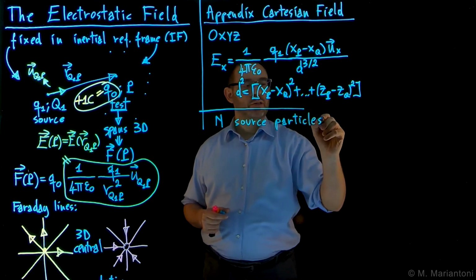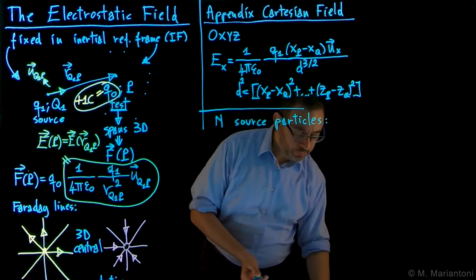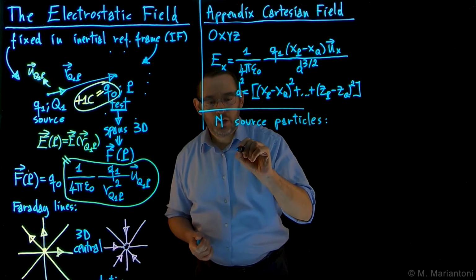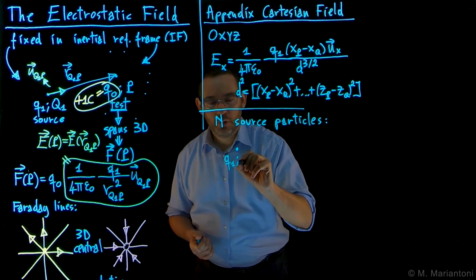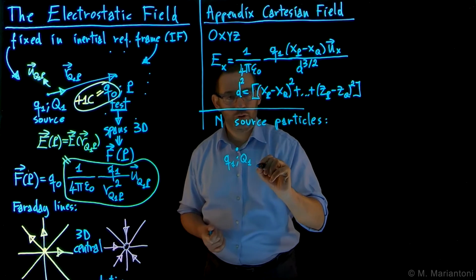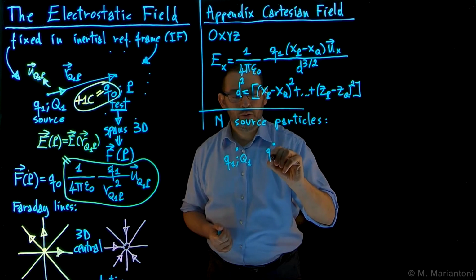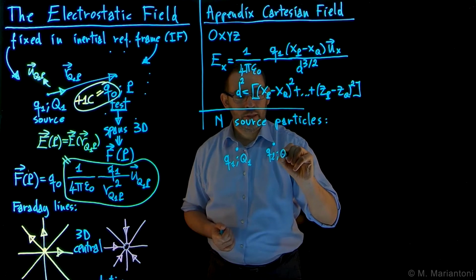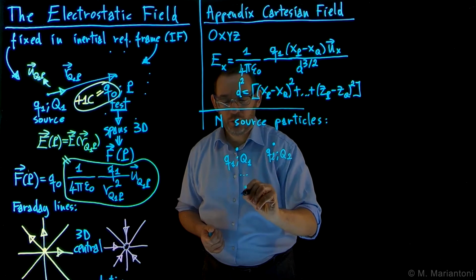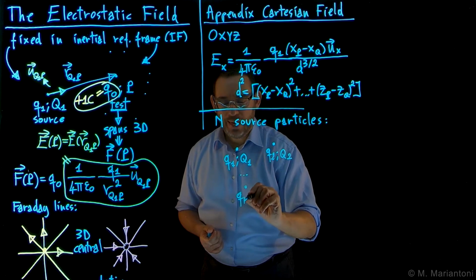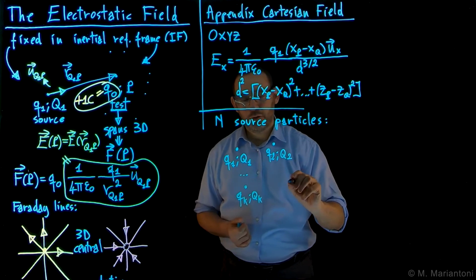in space. So in this case, for example, let's make a sketch. We're going to have, let's say, a charge here, Q1 at point capital Q1, a source. Here I will have a charge Q2 at a point capital Q2, eventually dots, a charge Qk, my index. Capital Qk is the point where this charge k is located.